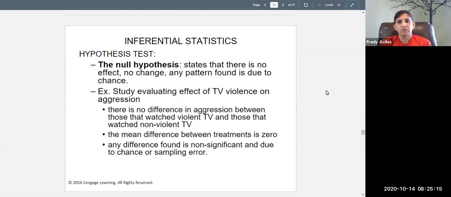That's what the null hypothesis says. Because you could find a difference between the treatments, but that difference might be so small it doesn't matter. And we'll find out in a moment how we know if the difference is big enough to matter, or if it's not big enough and it basically means that there's nothing there. There's no difference. In other words, the null hypothesis is supported.